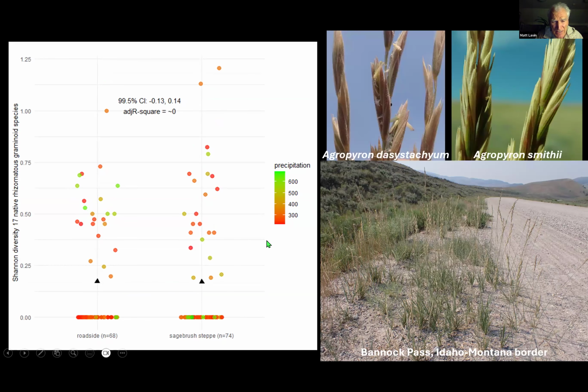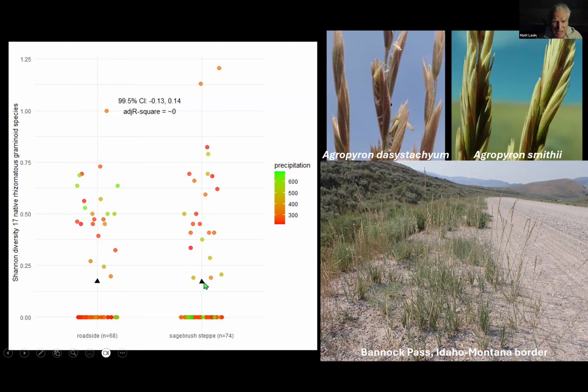One group that surprised us: we sampled a total of 17 native rhizomatous graminoid species. Not only did they not differ between the sagebrush steppe and the roadside. Oh, I forgot to point out one thing here, these triangles are the mean values, the mean diversity values for all of the roadside, or the mean diversity values for all of the sagebrush steppe.